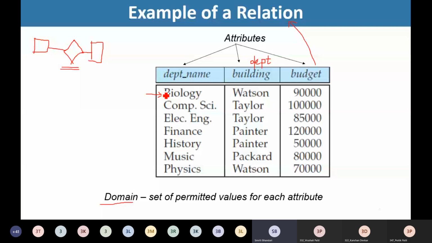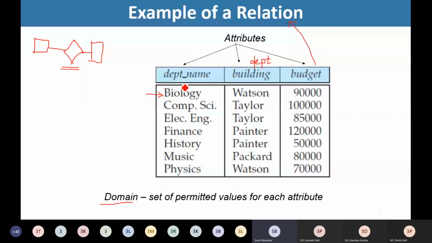Say, for example, biology is the name of a department. So it is a value, right? This value belongs to the domain of department name. So every attribute has a set of permitted values, and this set of permitted values is known as a domain.